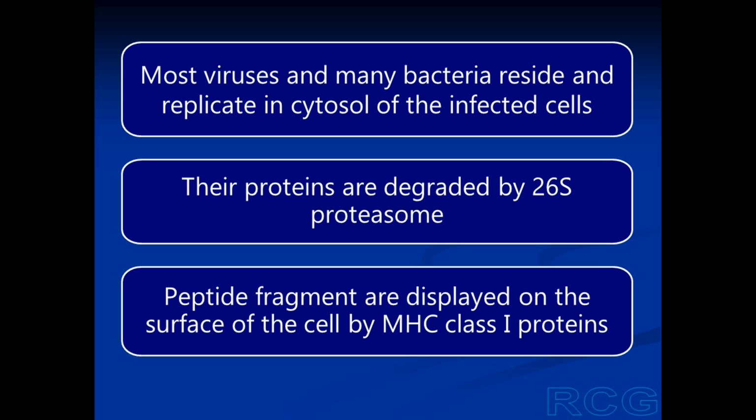These peptides are picked up by MHC1 proteins, and they are bound firmly to the peptide binding cleft or the antigen binding cleft of the MHC1 protein. And then this MHC1 protein is inserted in the cell membrane, and the peptide which is bound to this MHC protein is displayed on the surface of the infected cell.